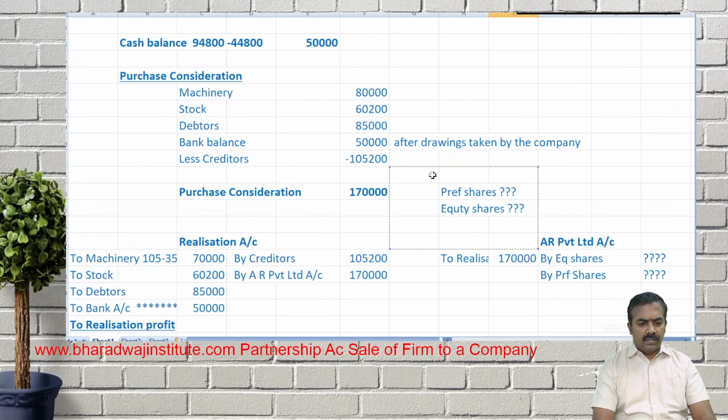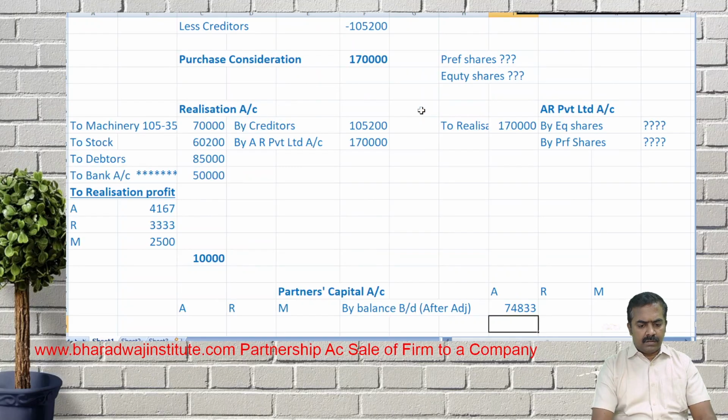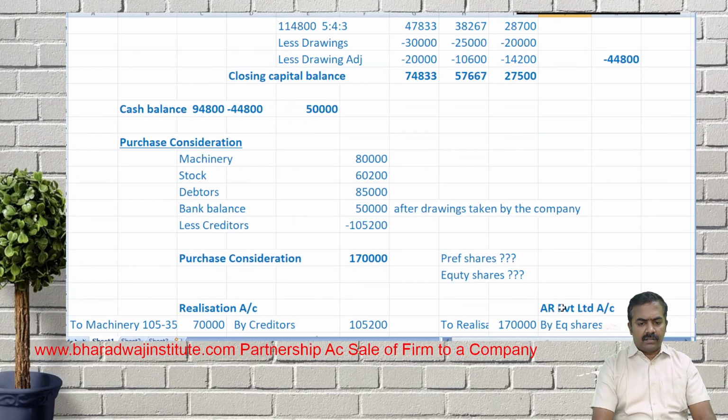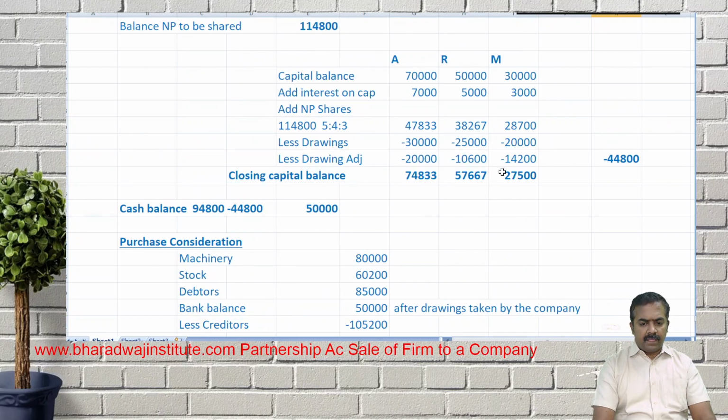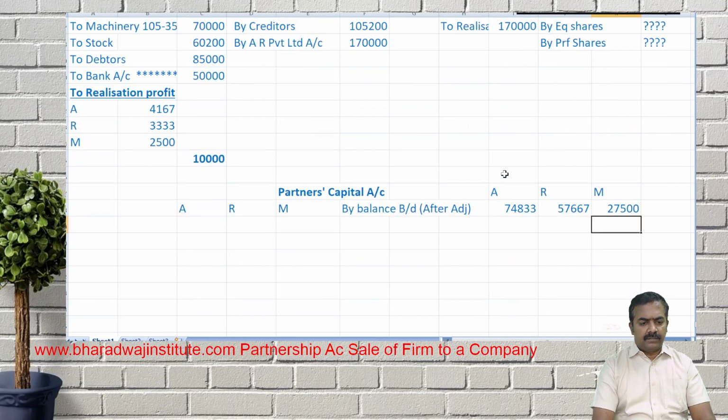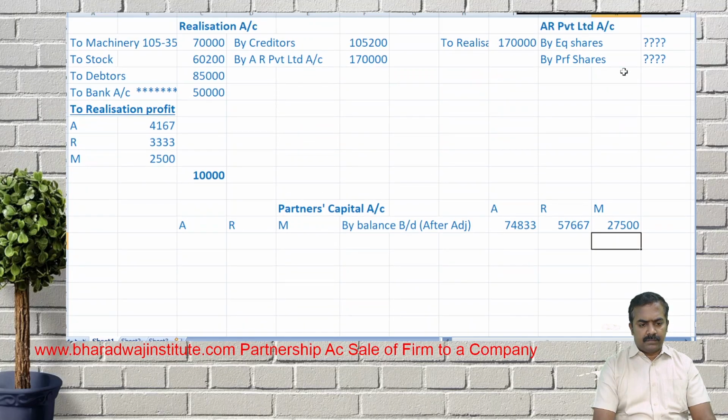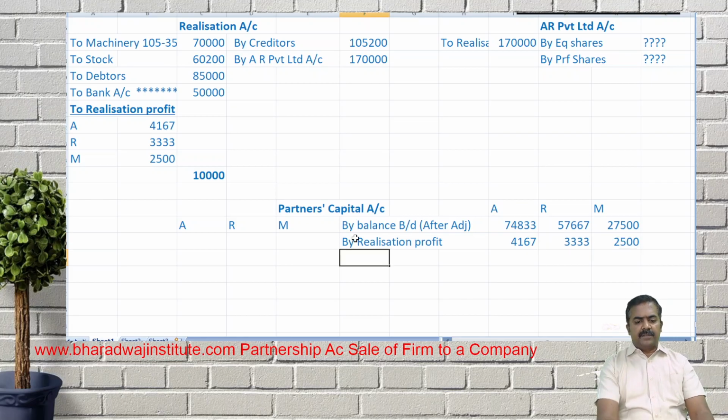This one 833 or 57,667, M 27.5. Then by realization profit 4167, 33,333, 2,500.